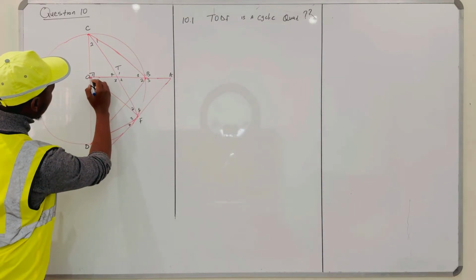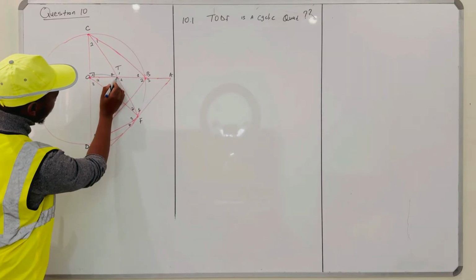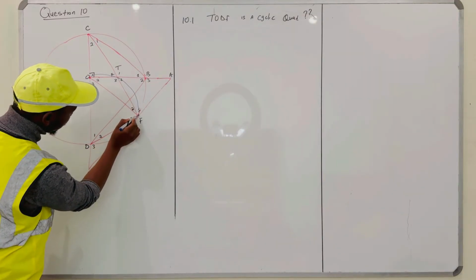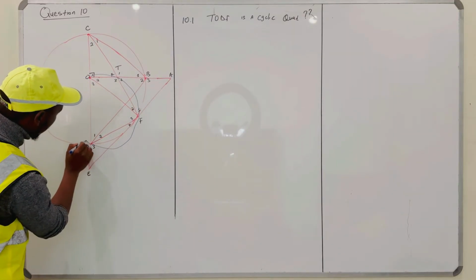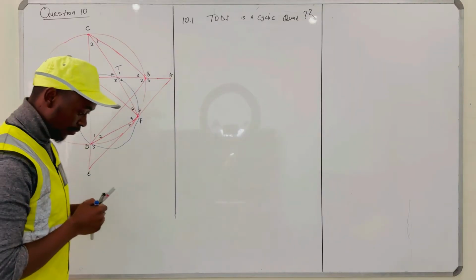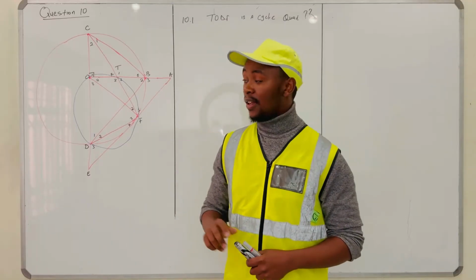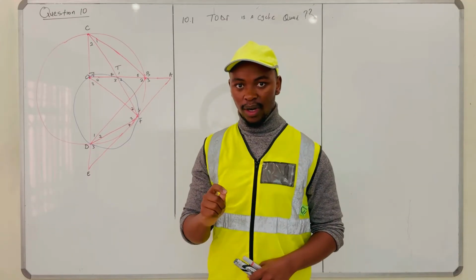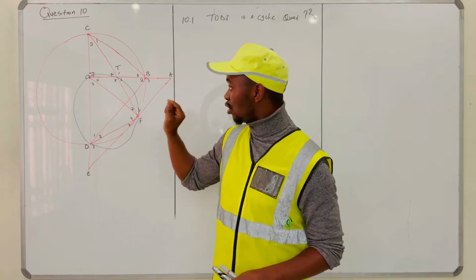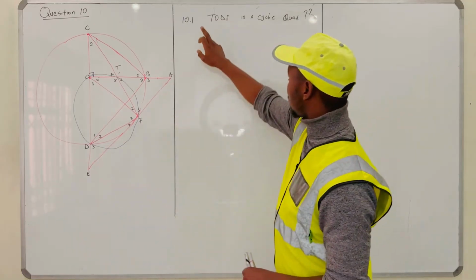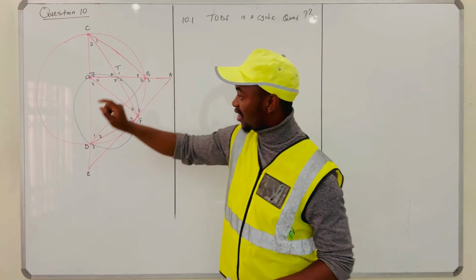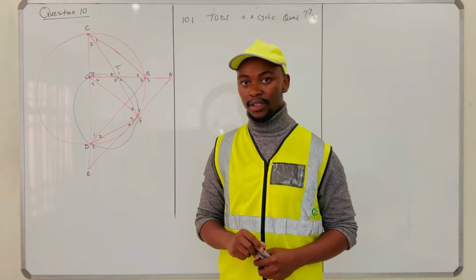So if we can draw a circle like this, right, it is not there. You're supposed to imagine that it is there. And for you to prove that something is a cyclic quad, we need to first make sure that those points that they are mentioning, so that's point T, O, D, F, touch the circumference of that cyclic quad.